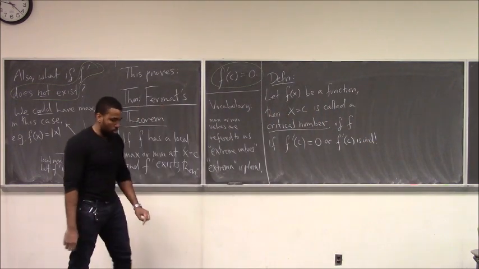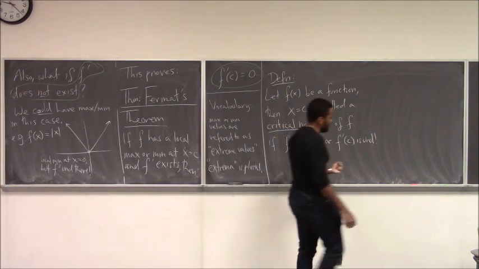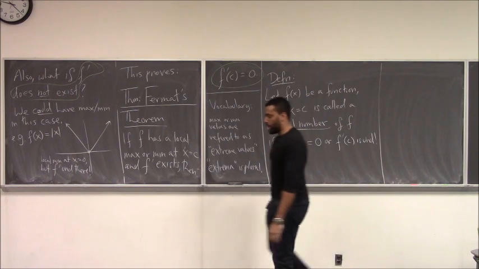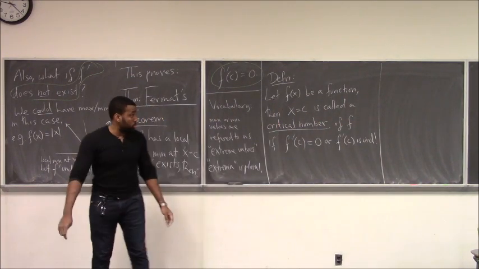There are two situations that we'll call critical. It's critical that we find these points, and these are called critical points. They're kind of the guys that we're going to check when we're looking for maximums and minimums.